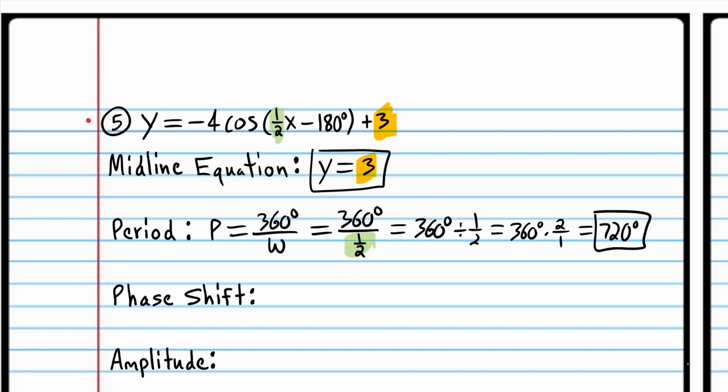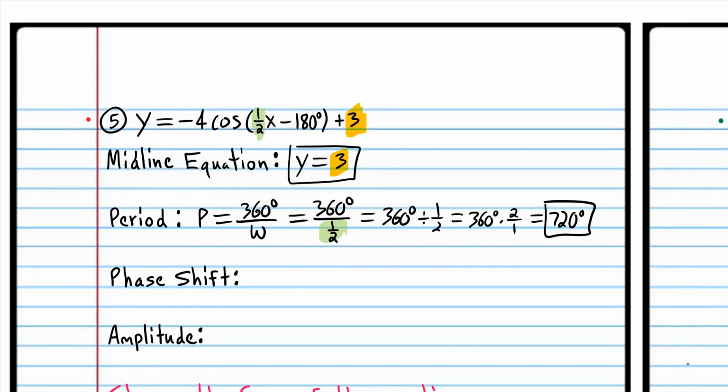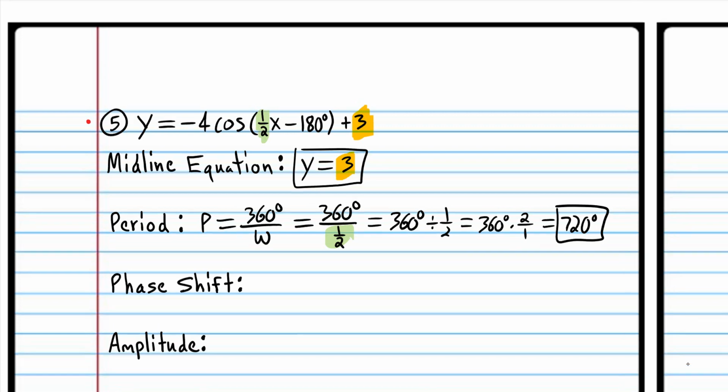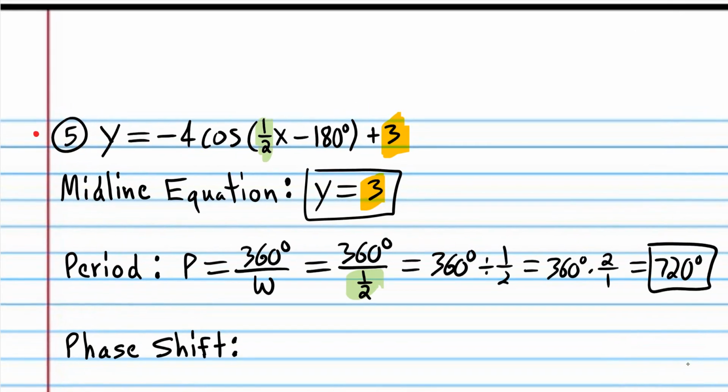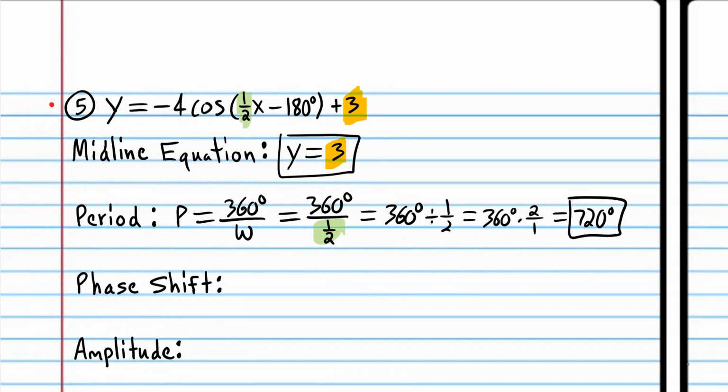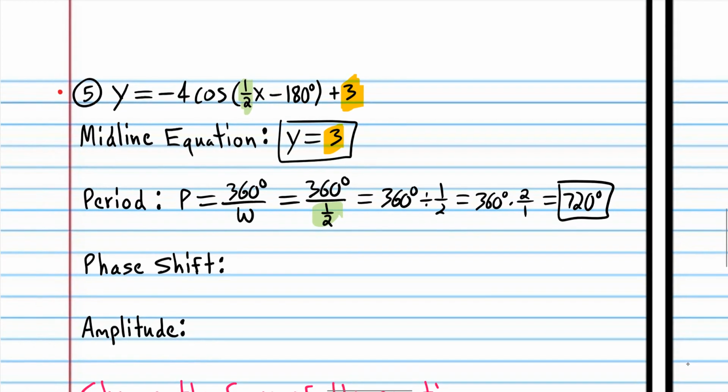That's the period. So you can see that when we're dividing x by 2, because multiplying x by 1/2 is the same thing as dividing x by 2, very important to understand that. When you divide x by 2, you actually multiply all the x values on the corresponding graph, so that'll give you a period that's double what it normally is.